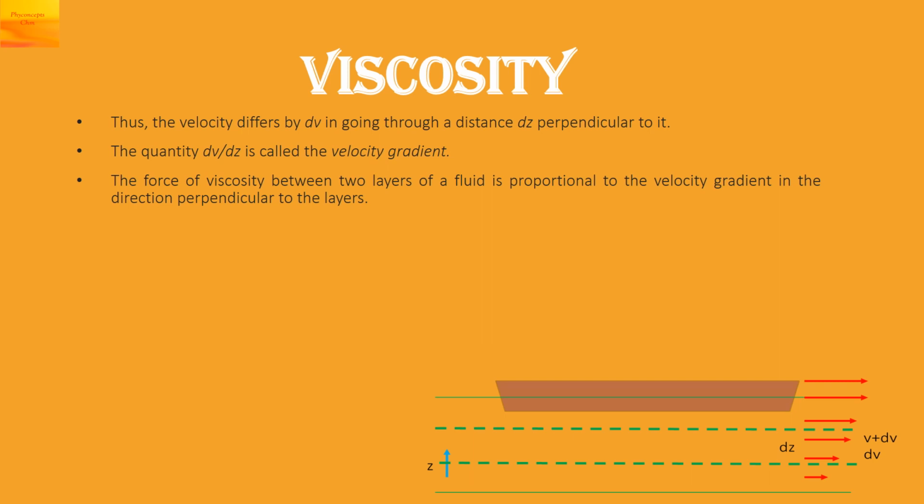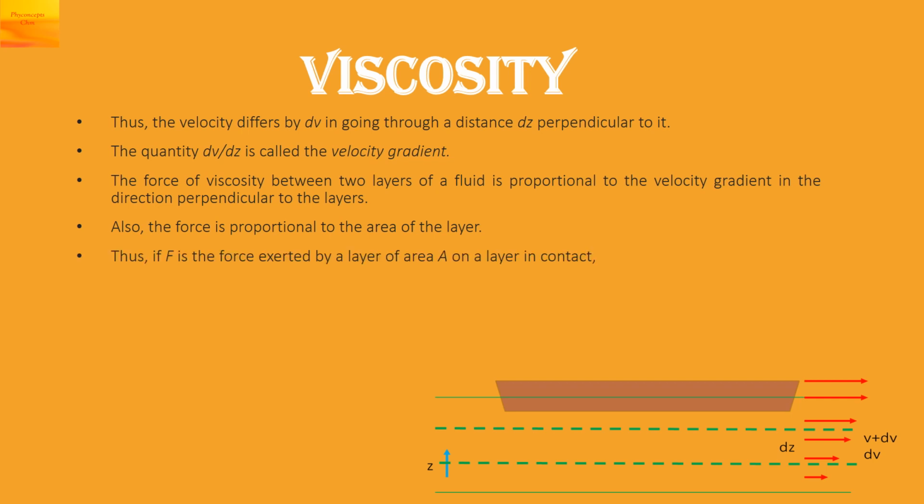The force of viscosity between the two layers of a fluid is proportional to the velocity gradient in the direction perpendicular to the layers. Also, this force is proportional to the area of the layer.